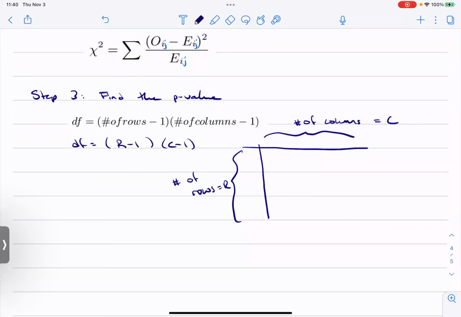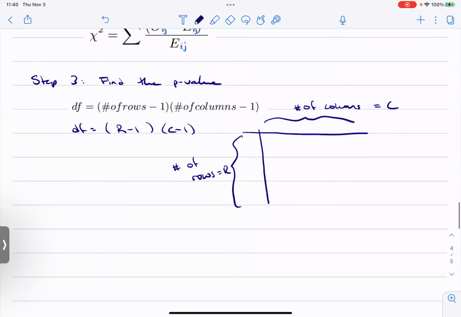Now that I have my degrees of freedom, I'm still going to need a huge number of columns or rows in order to get a big degrees of freedom. Even a 3 by 3 table would be 2 times 2, which puts me at 4 degrees of freedom. So I'm never going to have these huge degrees of freedom to deal with.